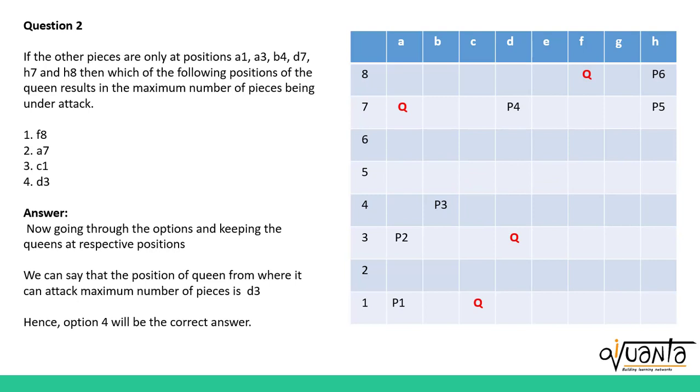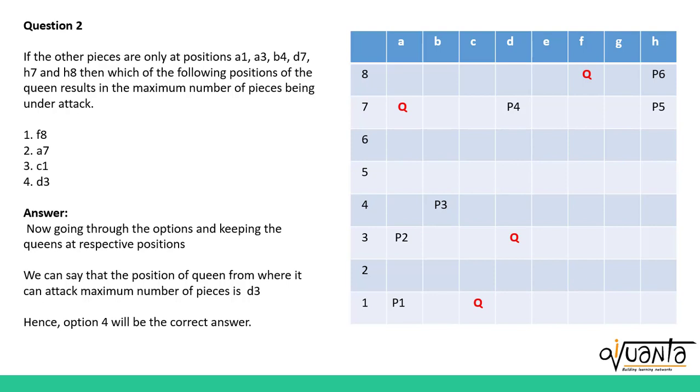If the other pieces are only at positions A1, A3, B4, D7, H7 and H8, then which of the following positions of the queen results in maximum number of pieces being under attack? So we have already placed the pieces and the queen at their respective positions. Now let's check which position of the queen results in maximum number of attacks.